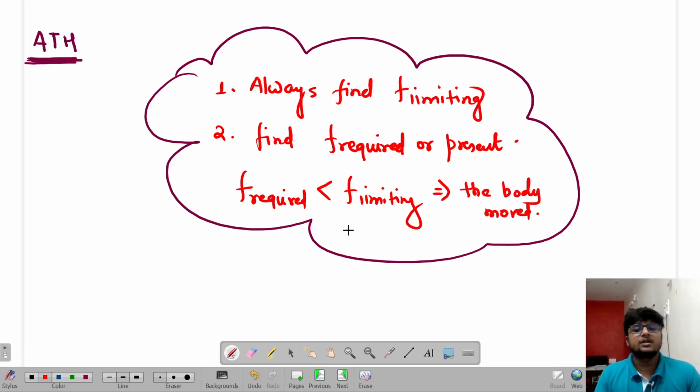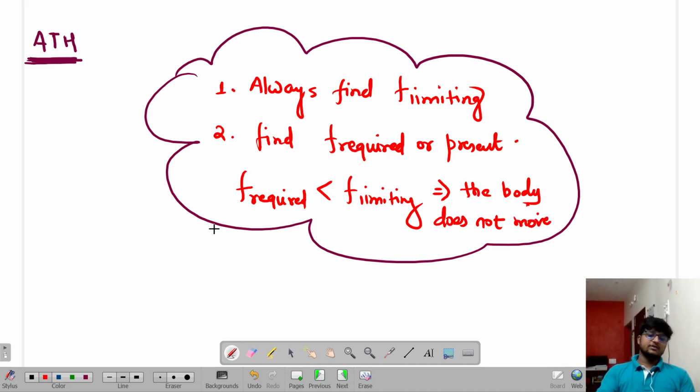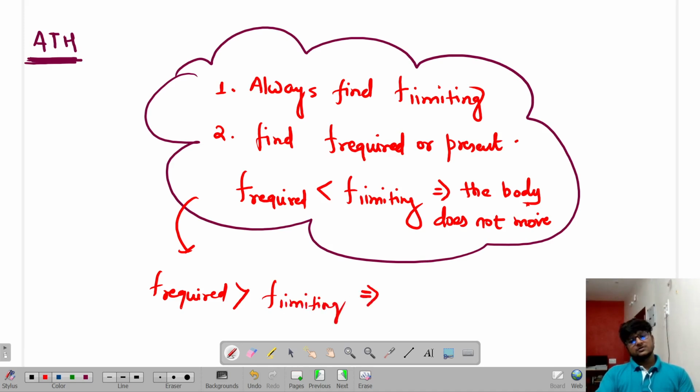And if F required is less than F limiting, the body does not move. Right or not? And if F required is more than F limiting, what is going to happen?